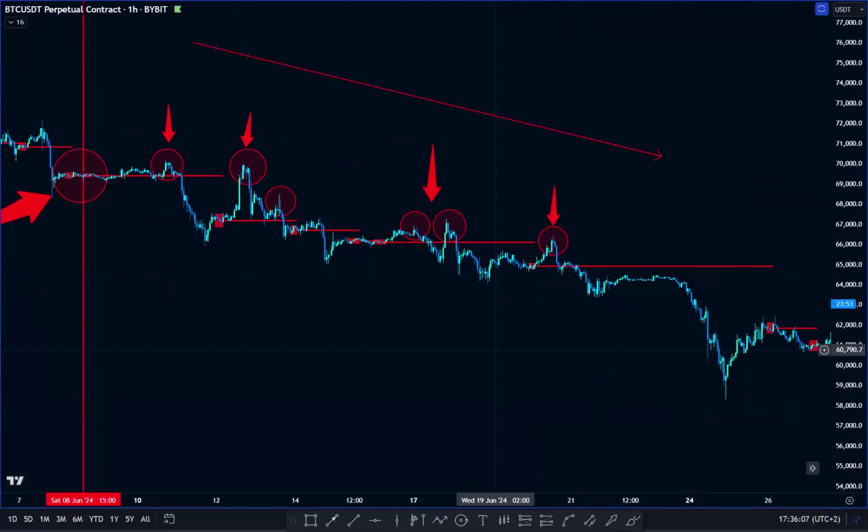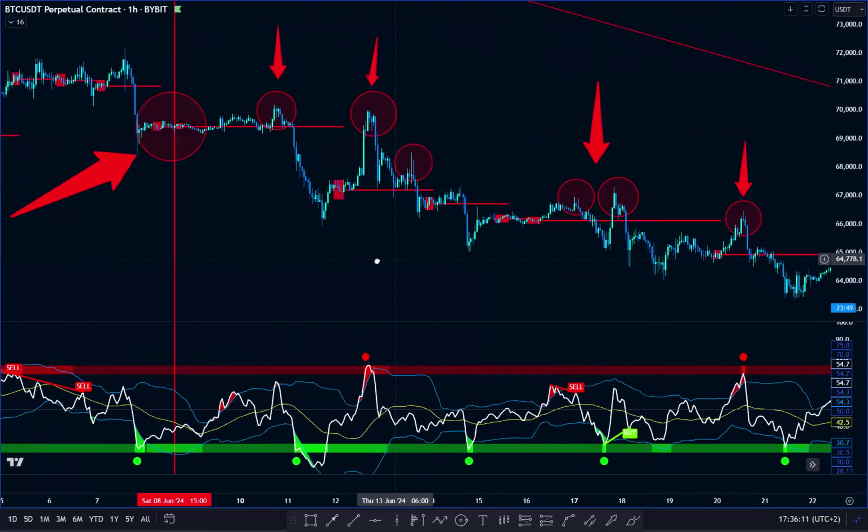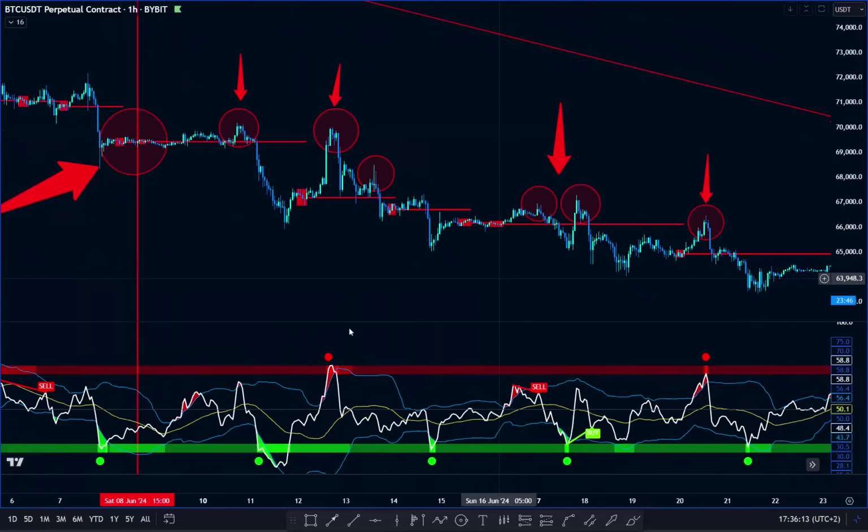So another confirmation we can use, as you know, guys, we use TDIX as our companion tool. Remember, the TDIX is an amazing tool, but it's important to assert it's not a standalone tool. So I wouldn't recommend just trading primarily with TDIX.